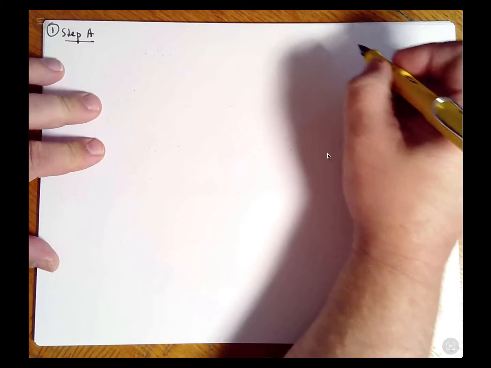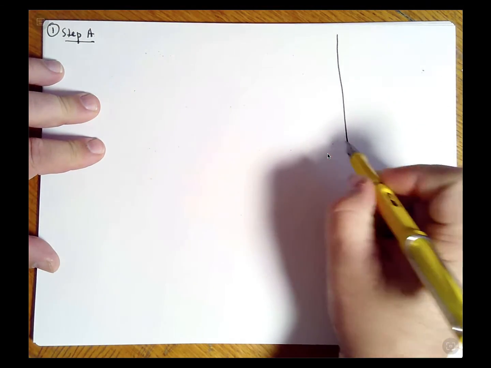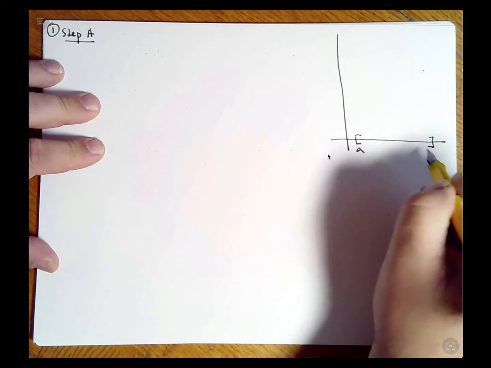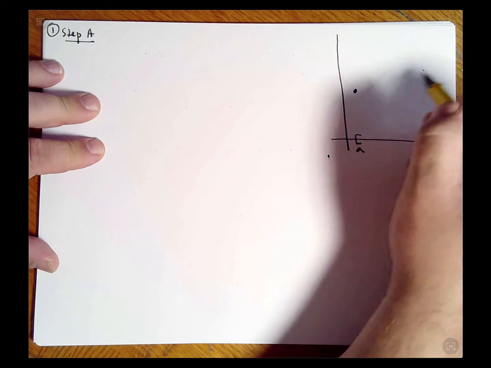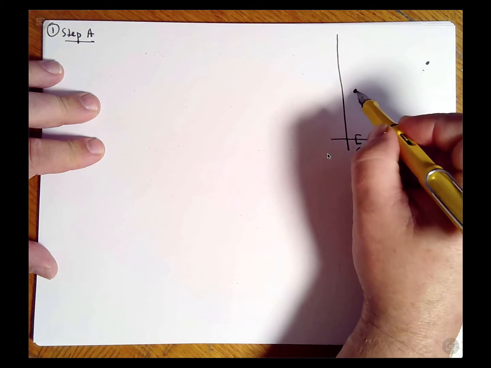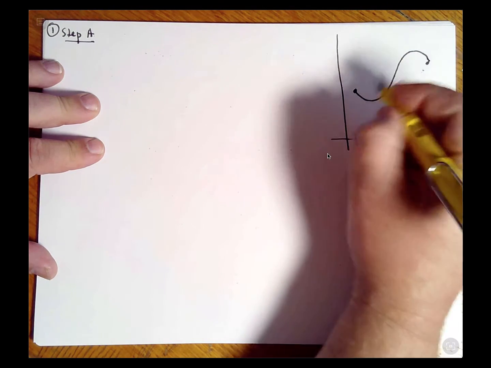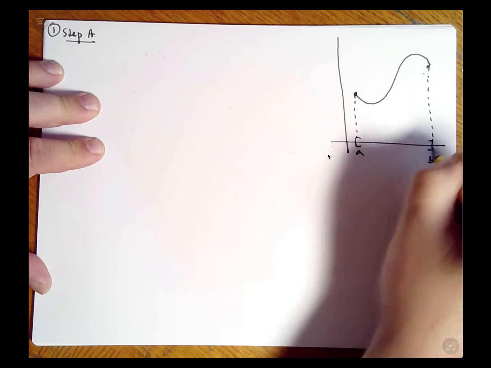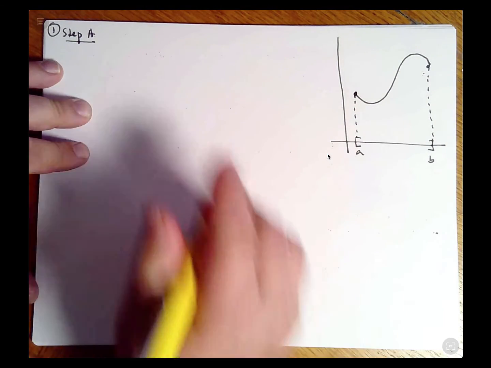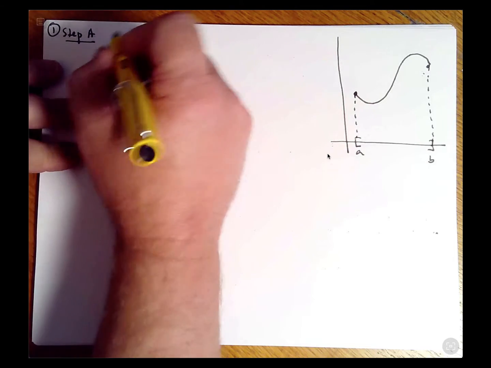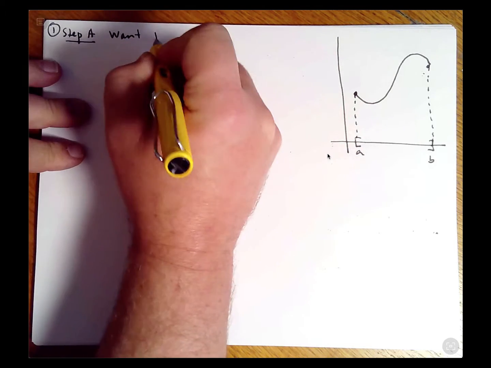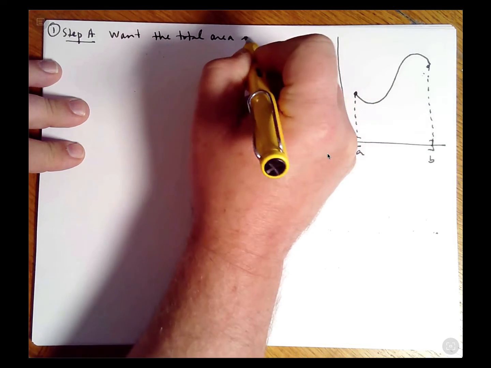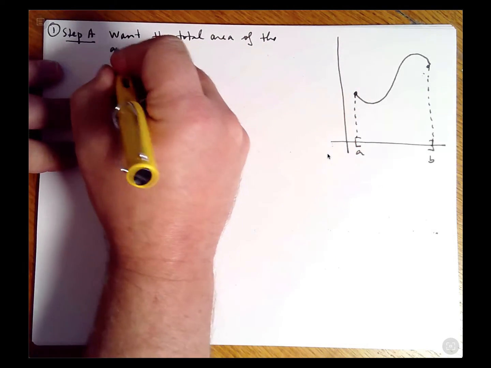So let me draw our picture again. I think it looks something like this. We want the total area of the approximating rectangles.